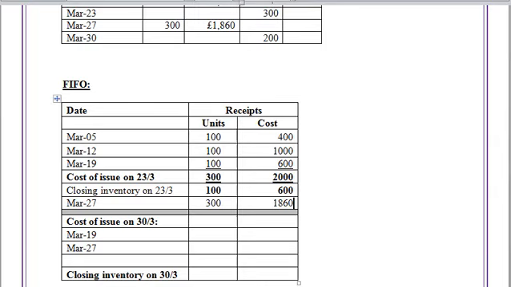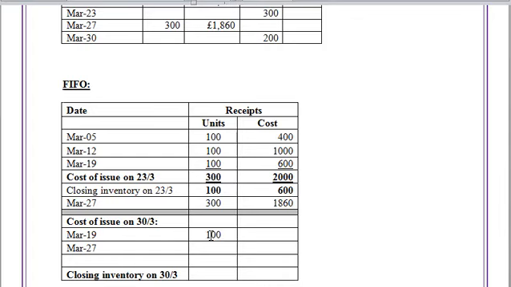Remember, the first in, first out. You have to ask yourself, what inventory do I have remaining in my hands right now? As of the 30th, I want to look for the oldest one and start working down from the oldest inventory I have in my hands. That means I will pick up from the closing inventory on the 23rd, which was coming through from the 19th of March, 100 units.